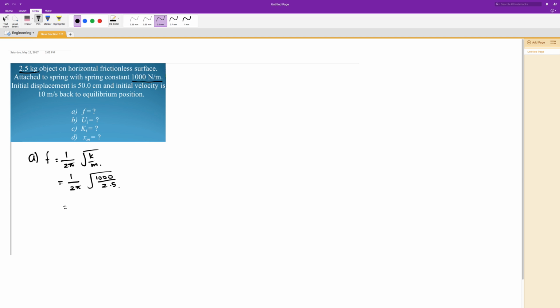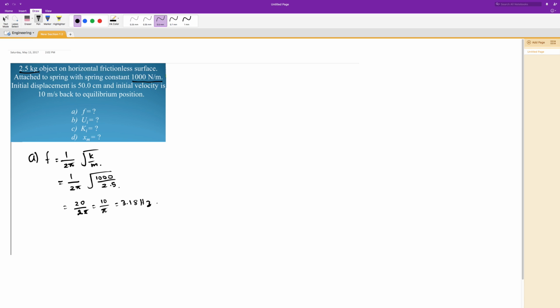So if you divide 1000 by 2.5, that's going to be 400, and square root of 400 is going to be 20. So 20 over 2 pi, and if you calculate, this one comes out to be 3.18 hertz. And that's the answer for the first question.